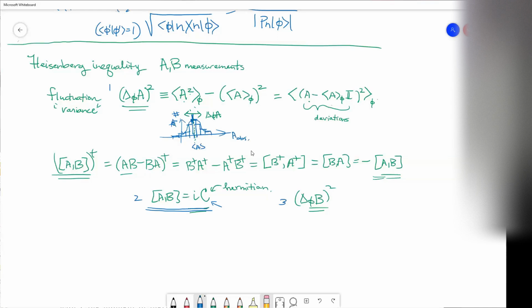That's what it means if C is non-zero. So if C is not equal to 0, A and B do not have simultaneous measurement outcomes. They're incompatible.